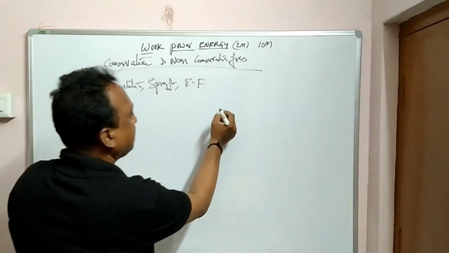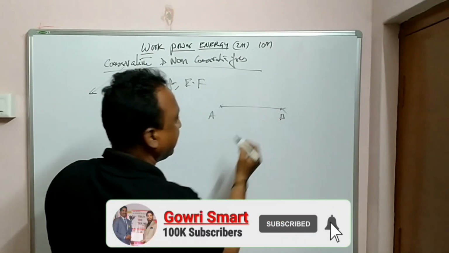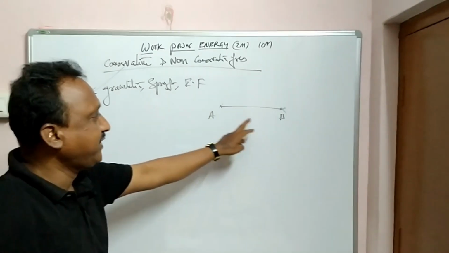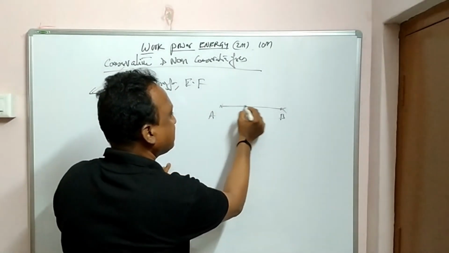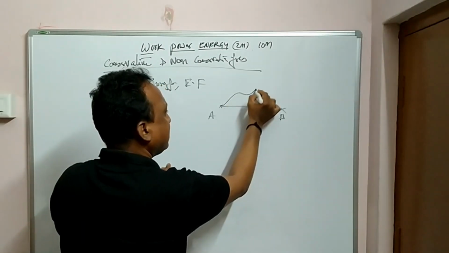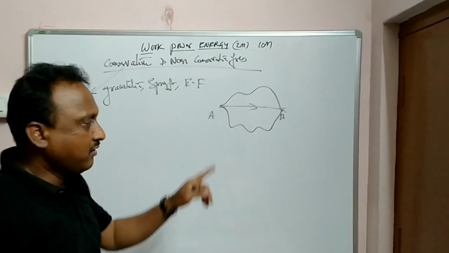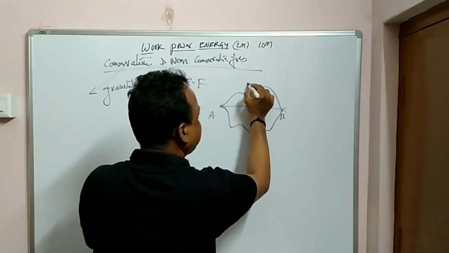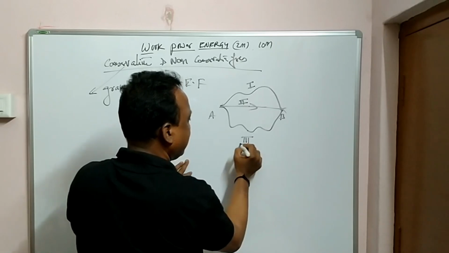Now what is conservative? See here, for example, let us take 2 points, namely A and B. Now I have to go from A to B. So I can go in this way, or I can go in this way, or I can go in this way. Now here 3 cases are work done in first case, work done in second case, work done in third case.